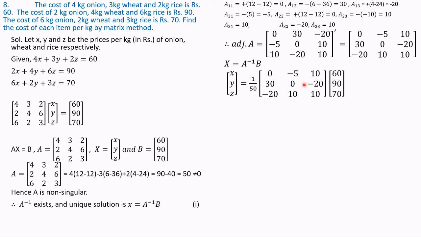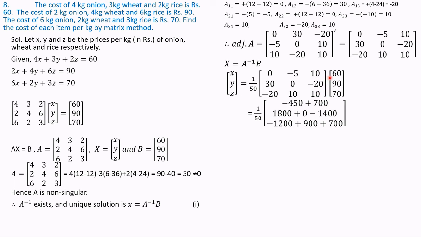Now we have to do matrix multiplication of a 3 by 3 matrix into a 3 by 1 matrix. So we get 1 by 50: 0 into 60 is 0, minus 5 into 90 is minus 450, 10 into 70 is 700.